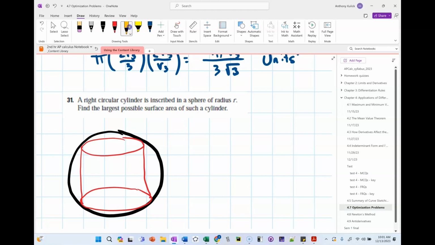And I'm going to still have the same situation. So we'll do that right away for starters. And we know that x squared plus RC squared is equal to RS squared.